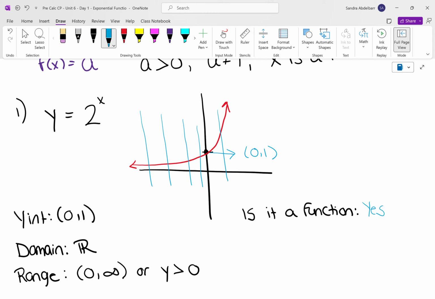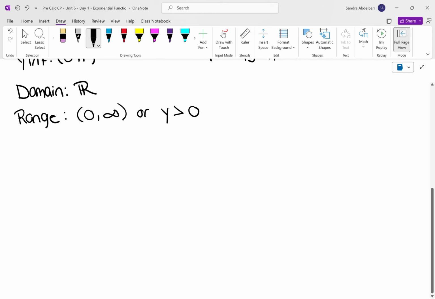Now, if you guys still have your calculators out, I want you to graph y equals a half raised to the x power.